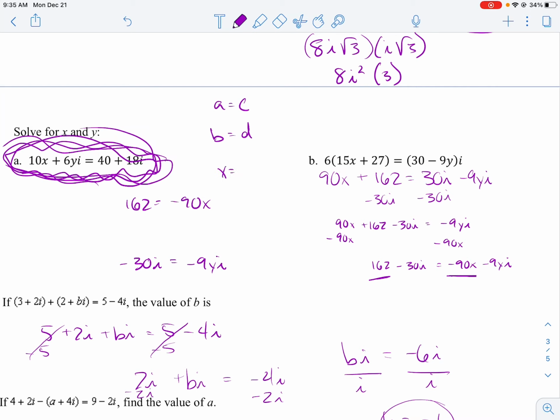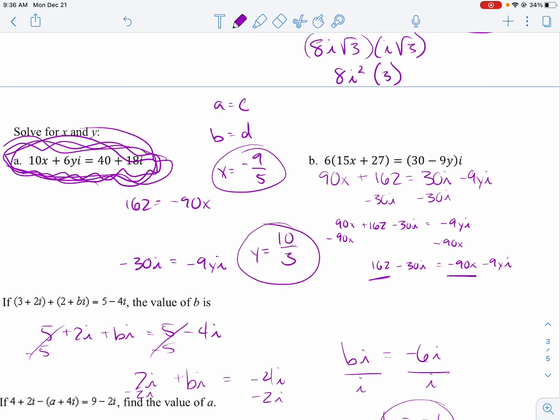I get x is equal to a negative 9/5. And over here I divide negative 30 by negative 9. And I get y is equal to a positive 10/3.